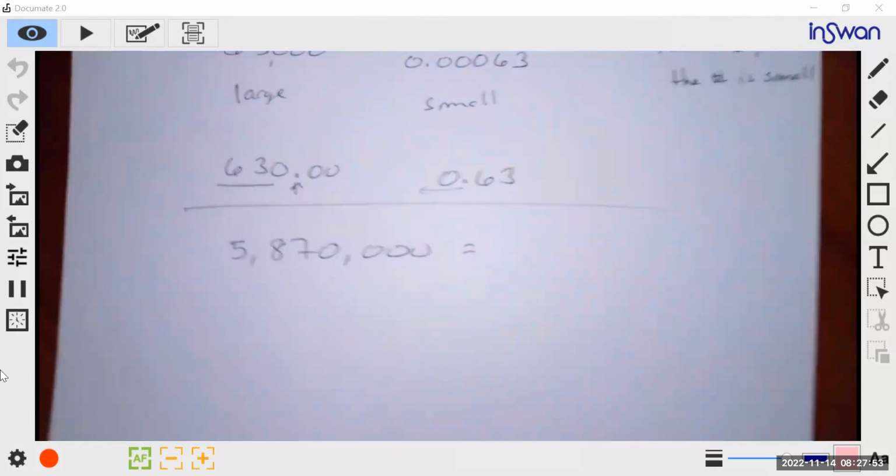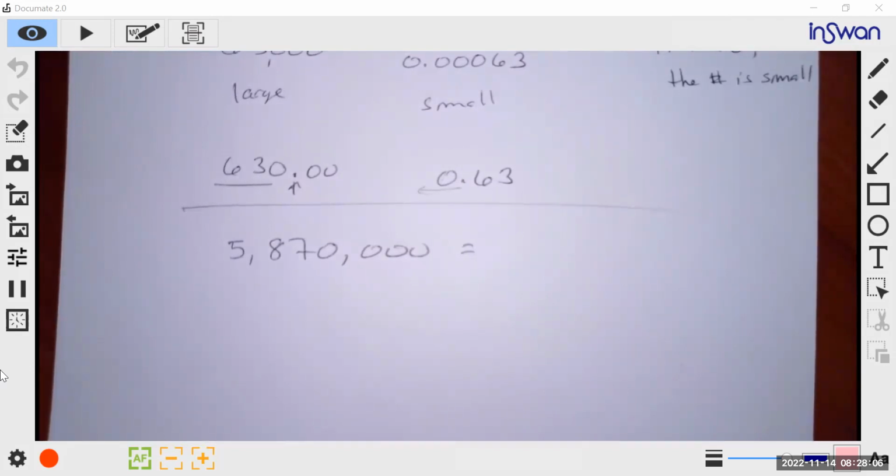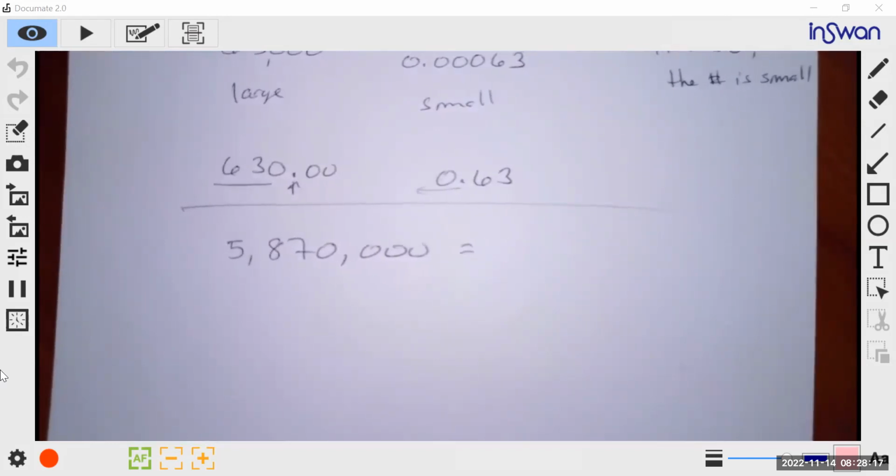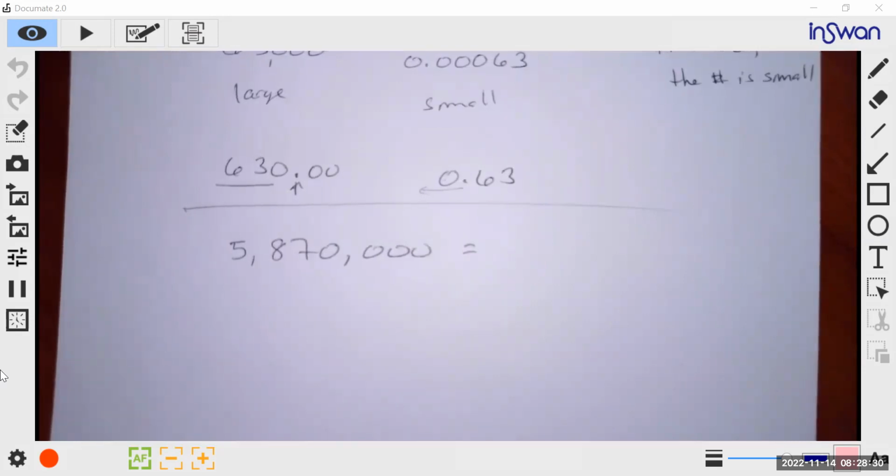Put that in scientific notation. So what's the number part going to look like?